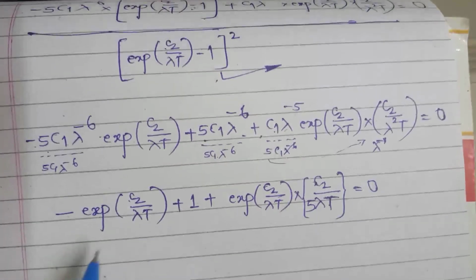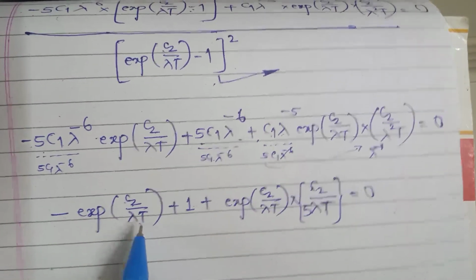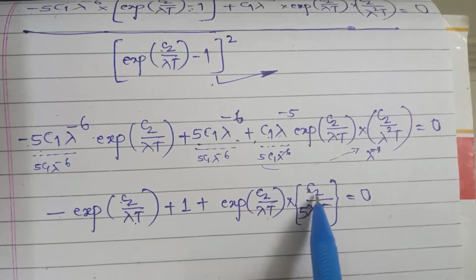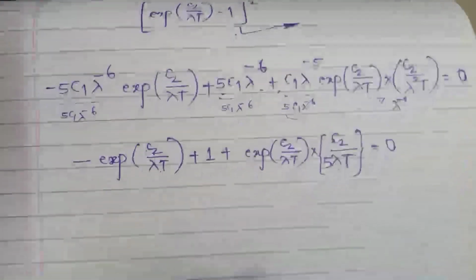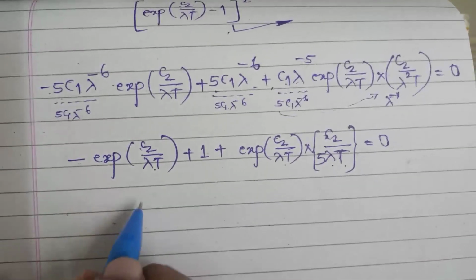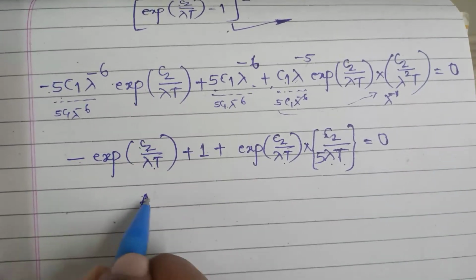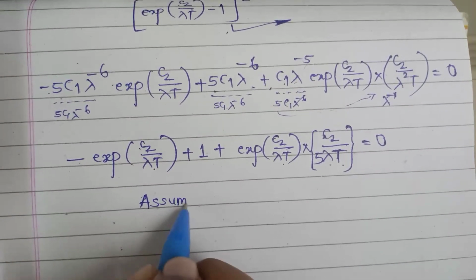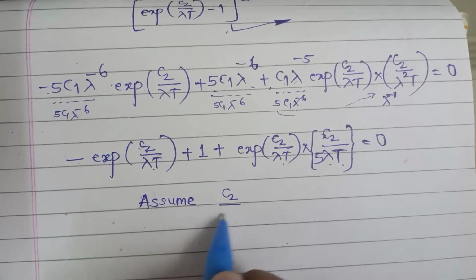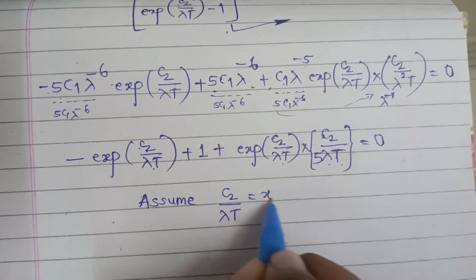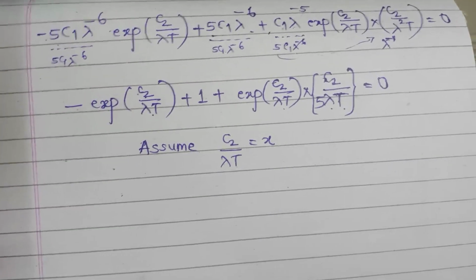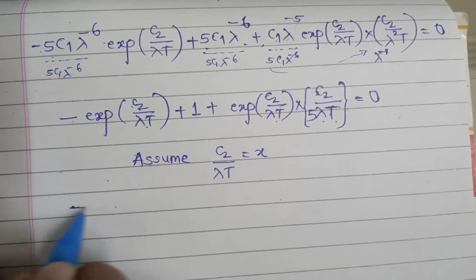Ultimately we see that there is c2 by lambda t over here, there is c2 by lambda t here, and c2 by lambda t at this point. So we will assume that this c2 by lambda t is equal to x. By this assumption we can rewrite this entire equation.